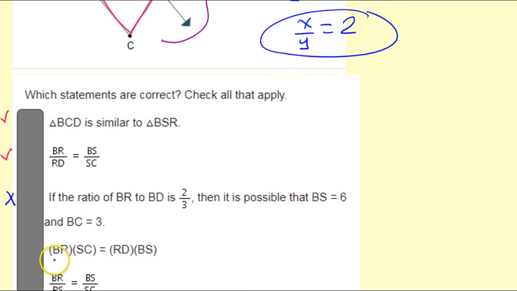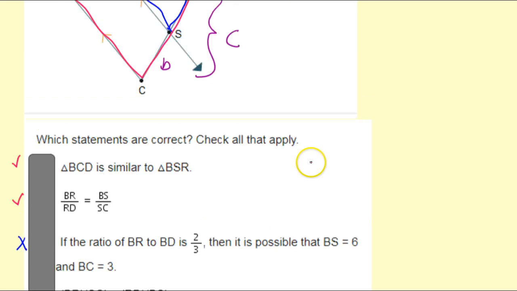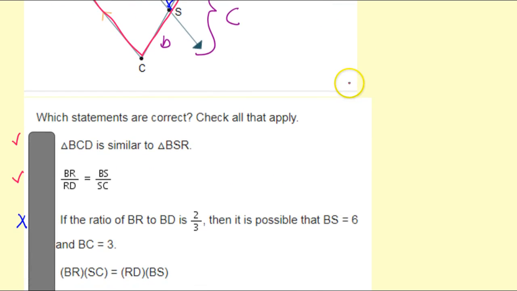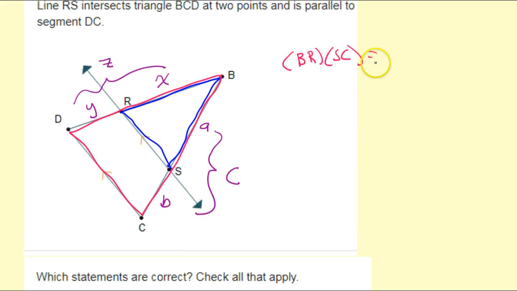Okay, alright, what about this next one? BR times SC. I threw some letters on here just for reference, but let me just recopy this. They said BR times SC, and that's supposed to equal RD times BS.